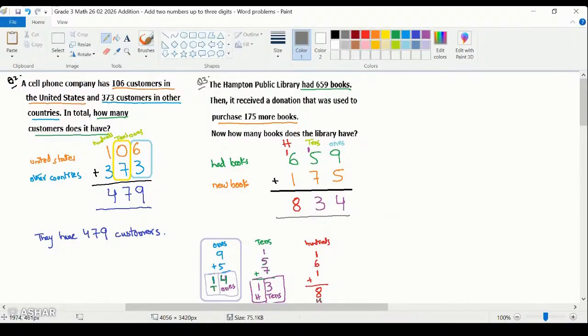How can we have a 44? See, 1 plus 5 is 6. 6 plus 7 is 13, right? So we have 13 tens.